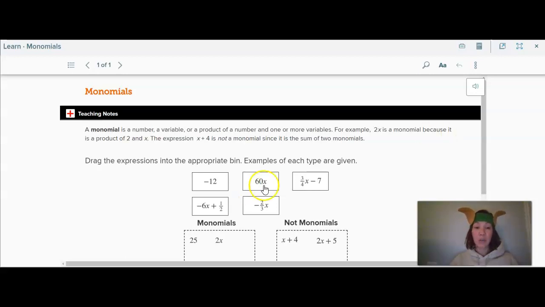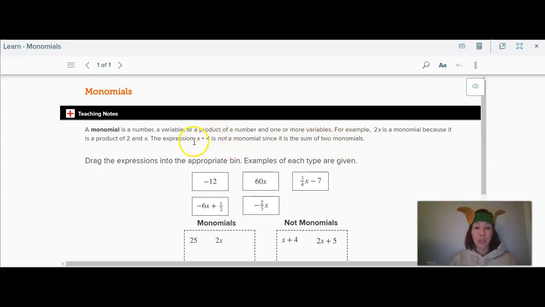Before we get into factoring, let's talk about something called a monomial. Mono, this prefix means one, okay? And a monomial is a number, a variable, or a product of a number and one or more variables. For example, 2x is a monomial because it's a product of 2 and x. X plus 4 is not a monomial since it's the sum of two monomials. So a monomial is an expression that is only one term.